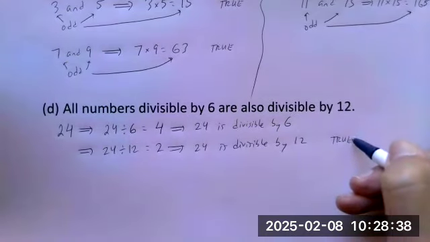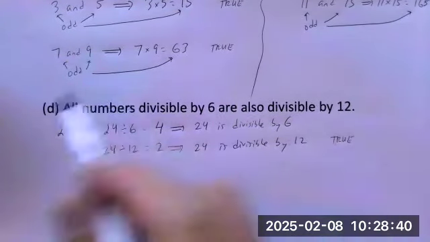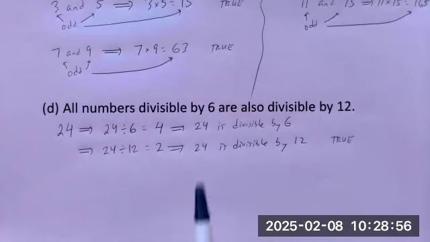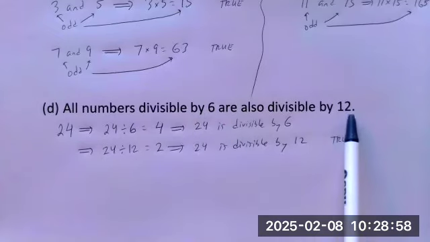I would lean towards saying true for my final answer based off that one example, right? But that would be a bad idea, to stop right now and say true. You might be right, but there might be a counterexample. We've only looked at one example, the number 24, which is divisible by 6 and also happened to be divisible by 12. Does that mean every number that's divisible by 6 is also divisible by 12? Not necessarily.